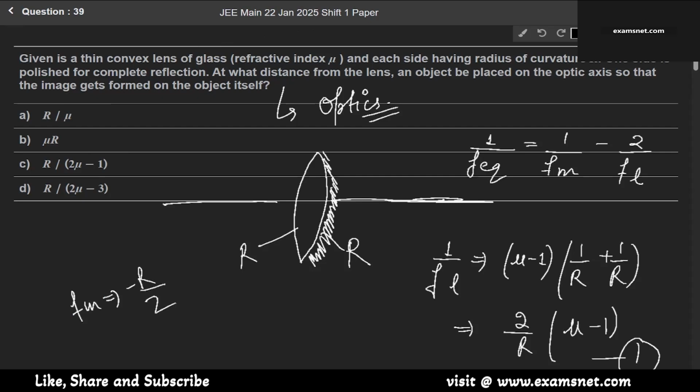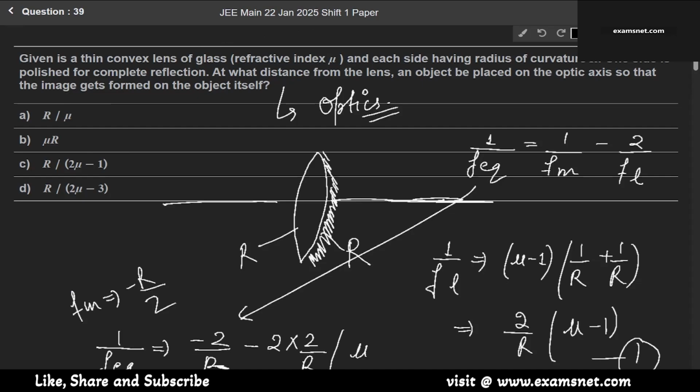So applying this equation, we get 1 over F equivalent equals minus 2 over R, from this formula, minus 2 over R minus 2 into this 2 over R, mu minus 1.